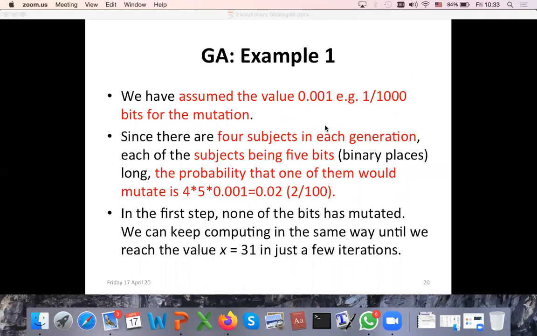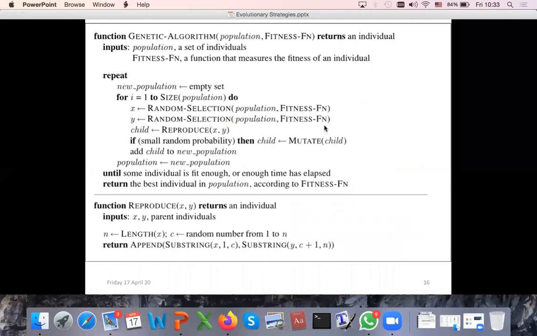So in the genetic algorithm, in this source code, we have mentioned here the mutate child. We are mutating some child and getting this child. If small random probability, this is a condition mentioned here in this algorithm.